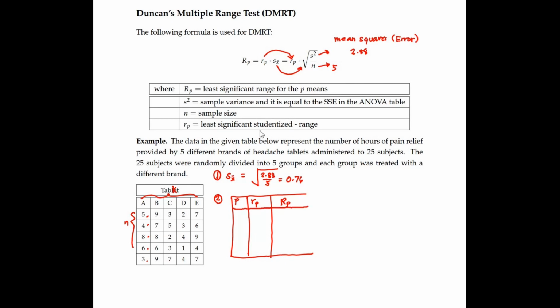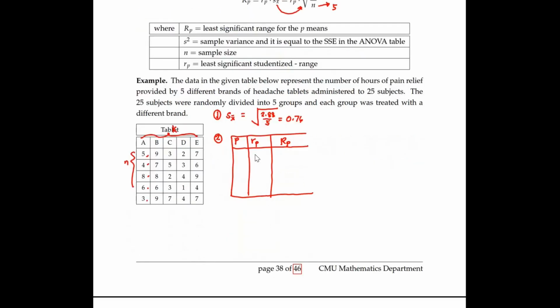From the Duncan PDF that I have provided you, that is the new multiple range test table. From there, p here will make use of 2, 3, 4, 5.